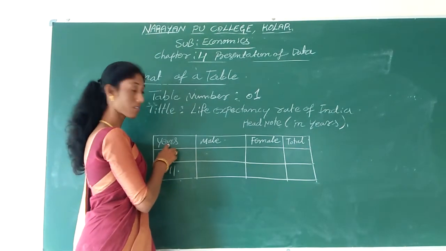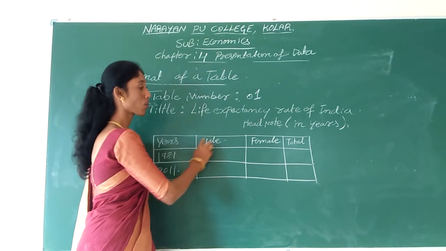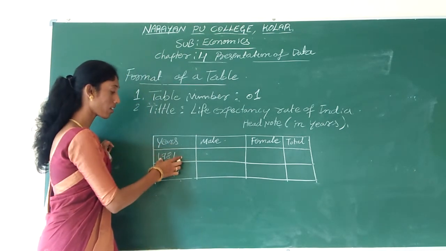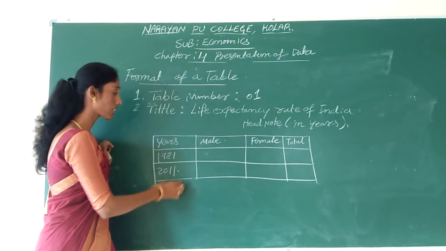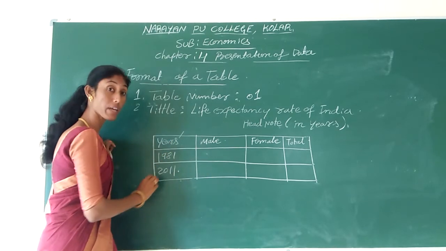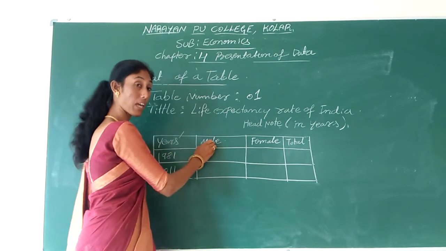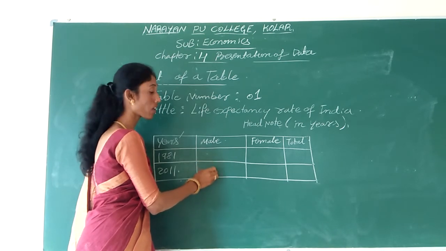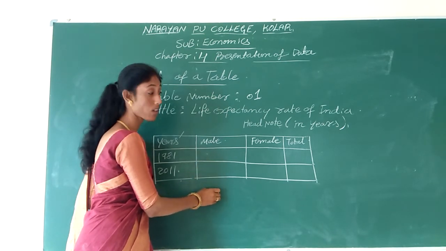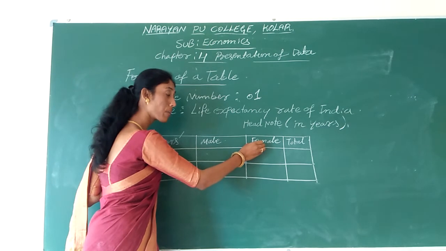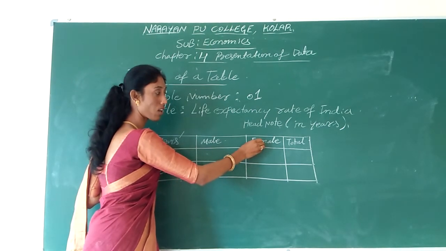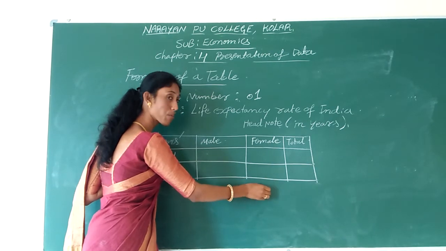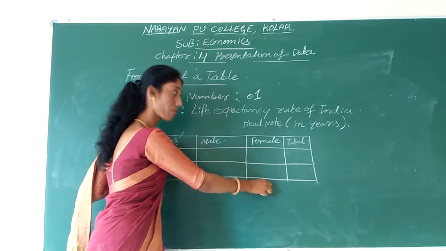In the year, it is nothing but the column heading. Whatever the column is going to represent, that will be mentioned here. Here, male means the life expectancy of the male only we are representing in the particular column. Here, female. Here we have given the column heading as female. Then this entire column is going to represent the details about the female.